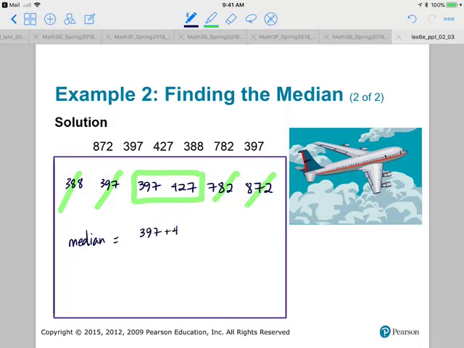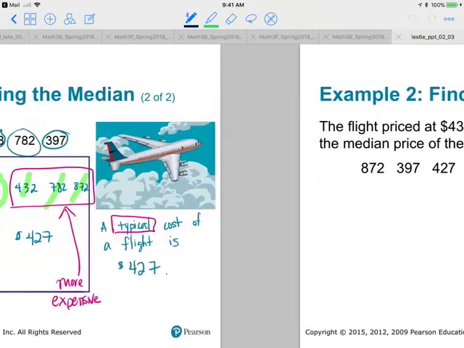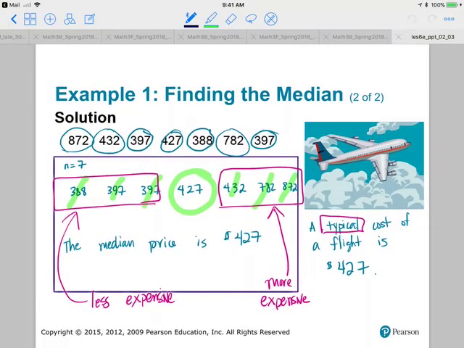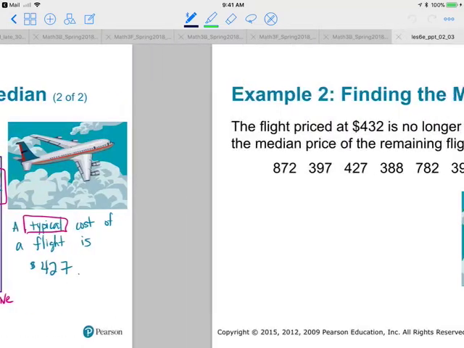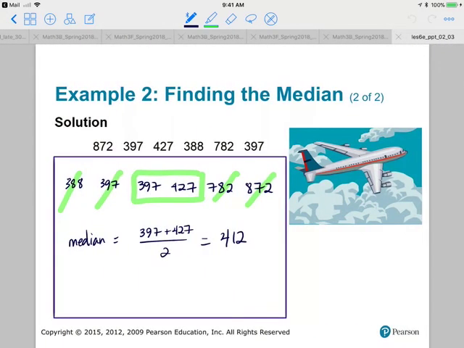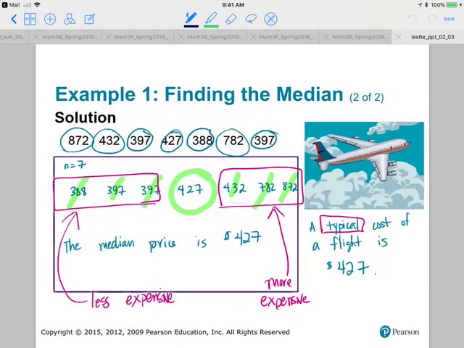So it'll be 397 plus 427 over 2, which is 412. All right. So if 432 is no longer available, the median drops to 412. Okay, and again, our units are $412.